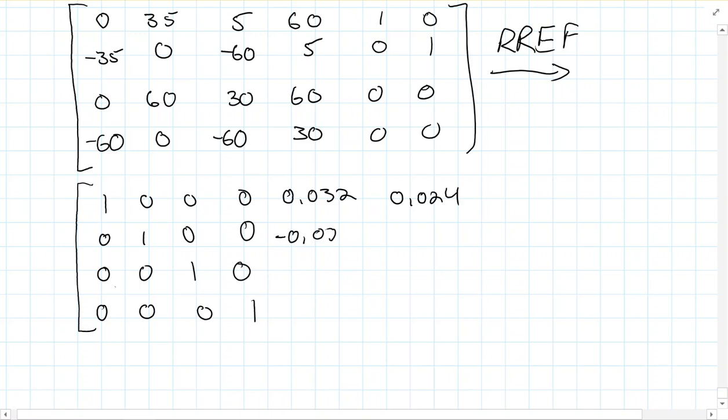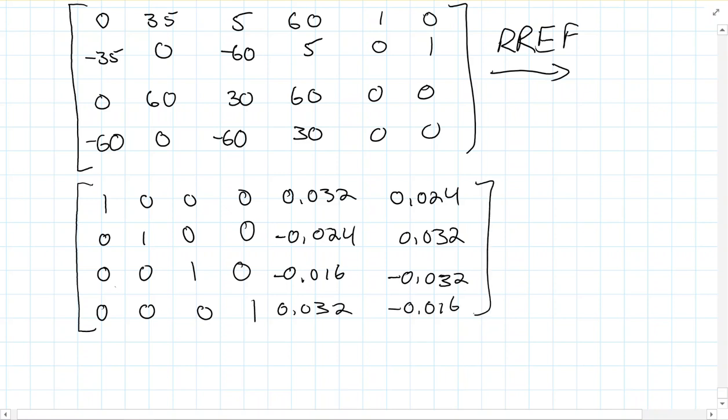This is 0.024, 0.032, I'm forgetting to put in the extra 0 there. This would be negative 0.016, negative 0.032, 0.032, negative 0.016. And so that's what it gets.